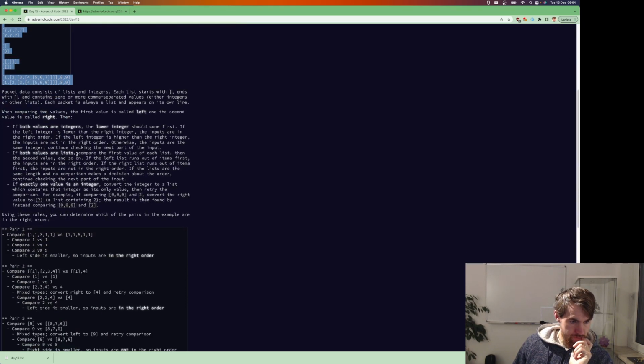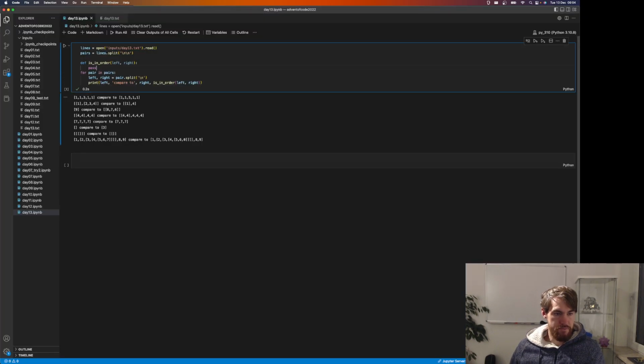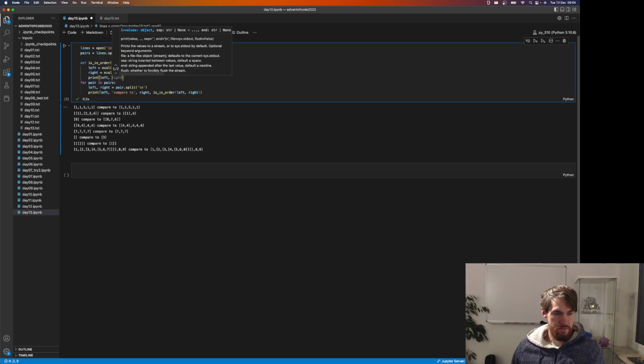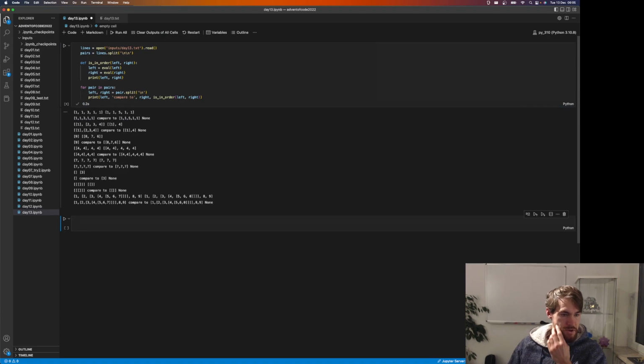Okay. If both values are integers, if the left integer is lower than the right integer... Let me actually, so the first thing we of course need to do is parse this.